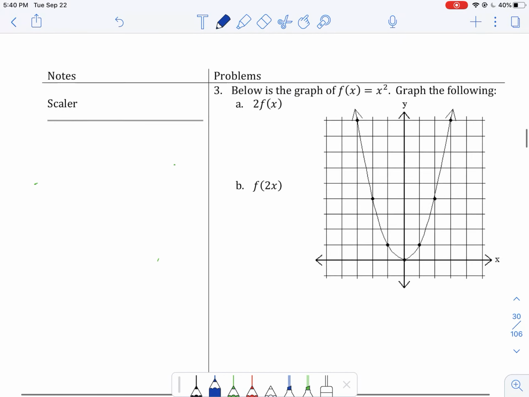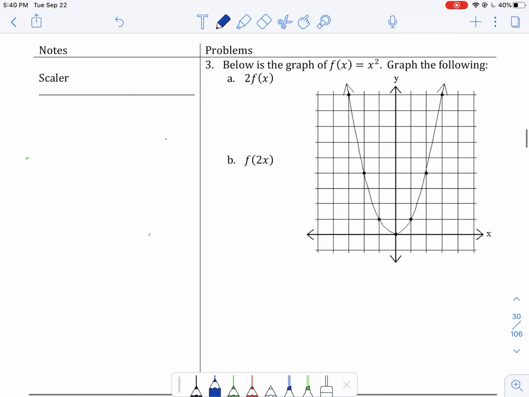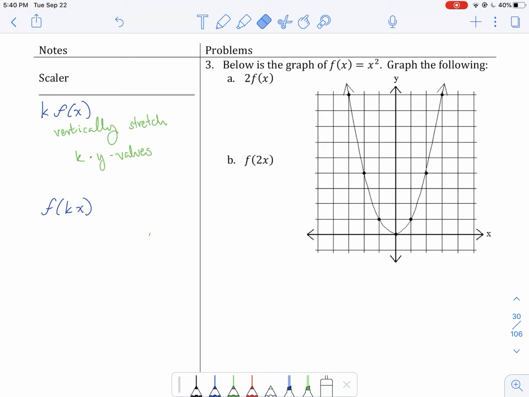Now, there's 2 other kinds of ways we can change graphs, but they are not transformations because they actually change the shape of the graph. And these are scalar multiples. So for example here, a scalar multiple would be where I'm multiplying by a constant on the outside, or again, constant on the inside.